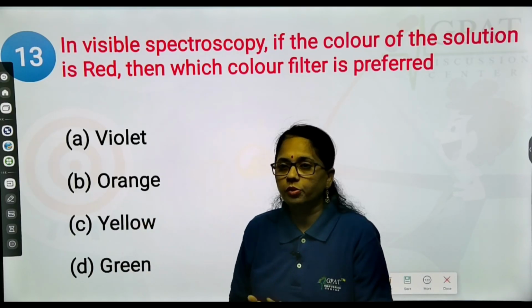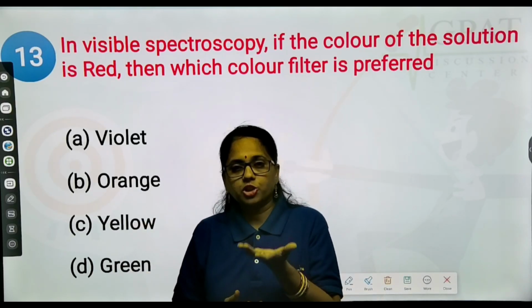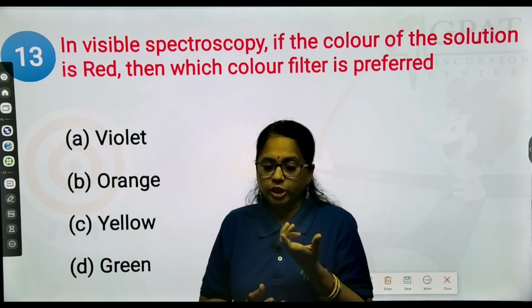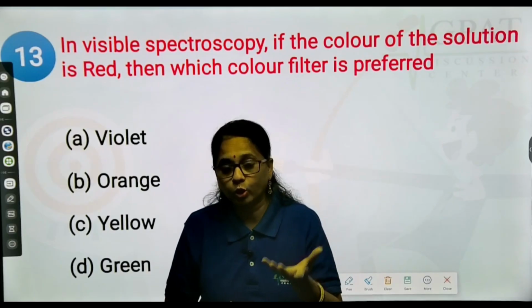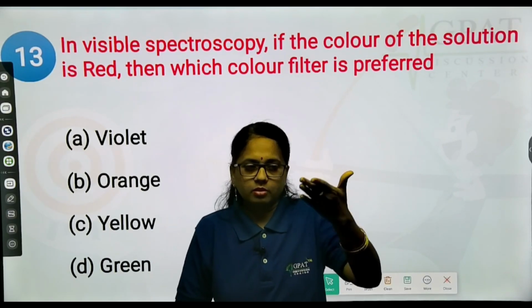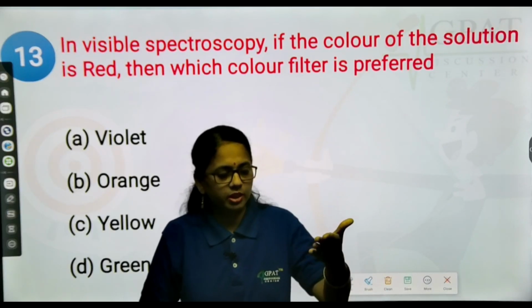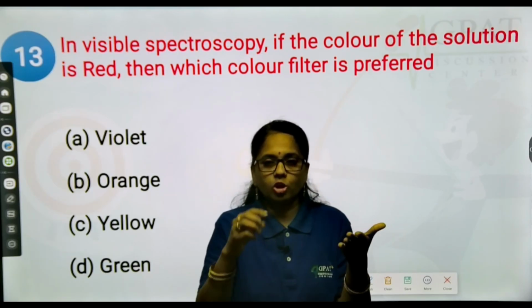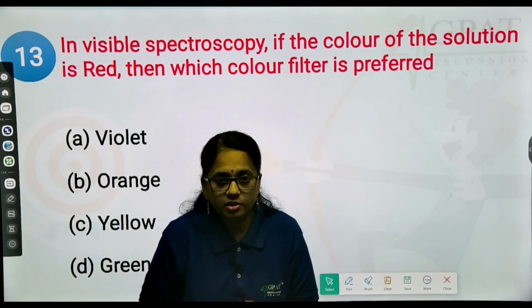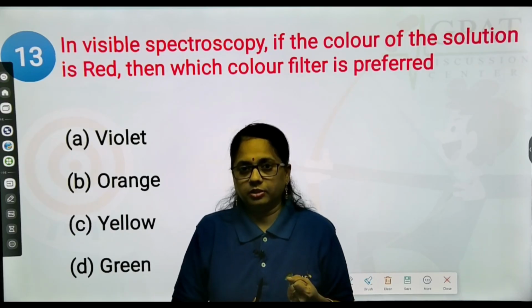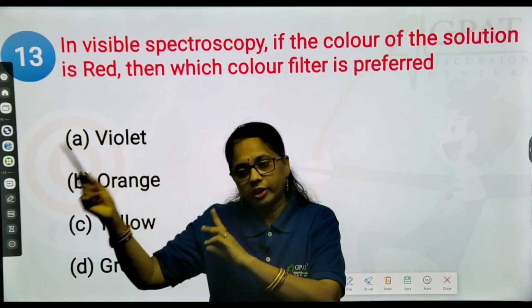If you see an orange color filter, it is going to absorb another color. What is that? It is blue. By looks it is an orange filter, but generally it is absorbing the blue light. It won't allow the blue light outside of this.